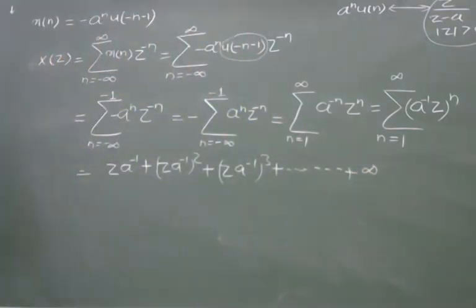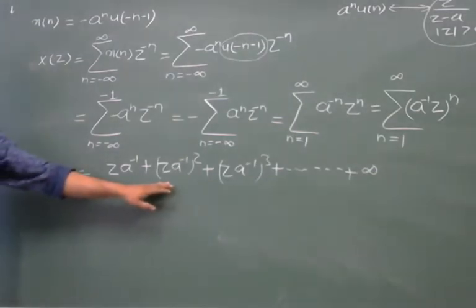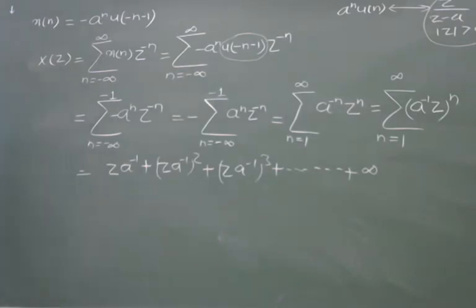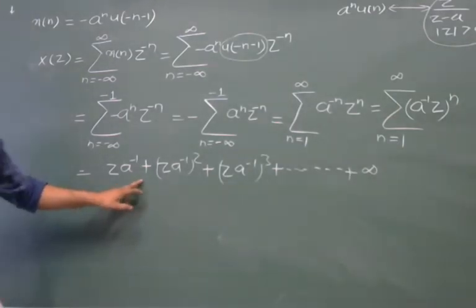Again the condition is the same. This is a GP series having an infinite number of terms, and this series will exist only and only when the common ratio is less than 1.